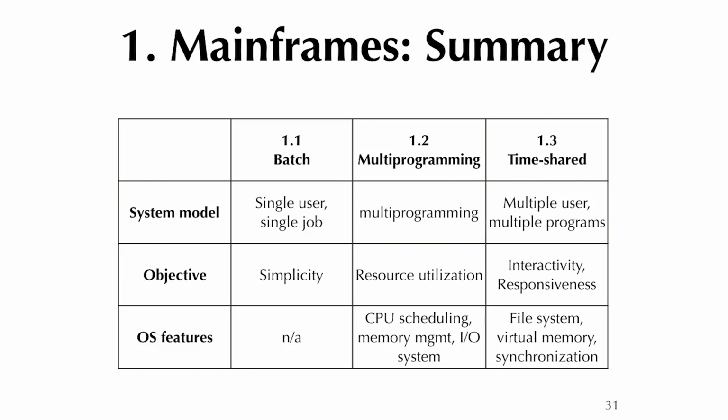Okay, so batch systems, as you can see, are simplest. Very few OS features because a human is that OS. Okay? And for multiprogramming, you do CPU scheduling, memory management, I/O system, and for time share, you do need even more, potentially more synchronization support, virtual memory support, more protection, and faster context switching.